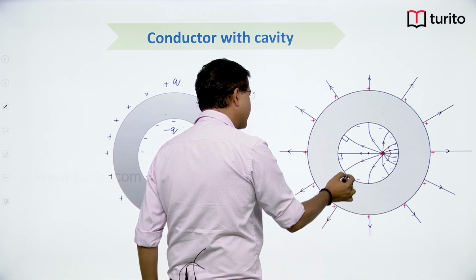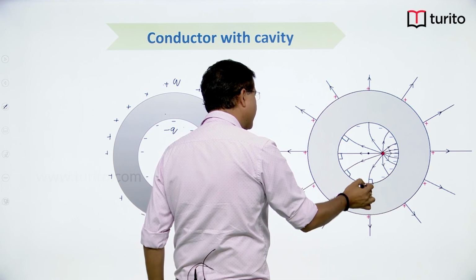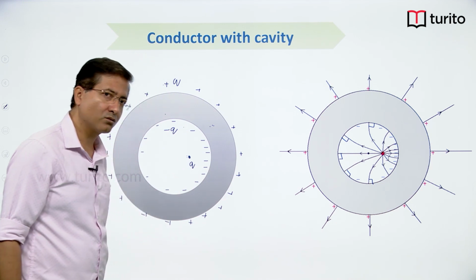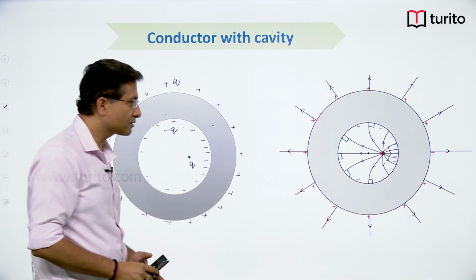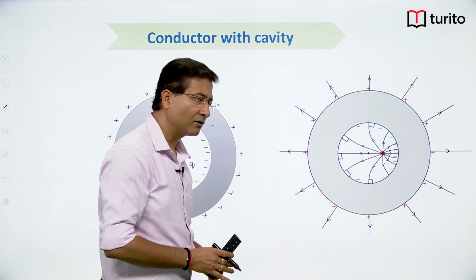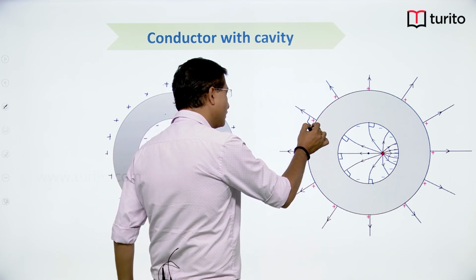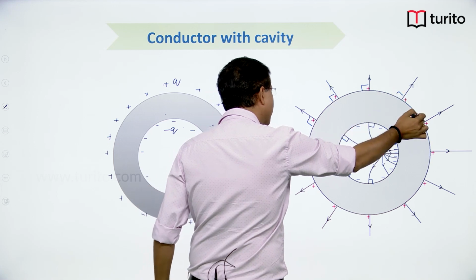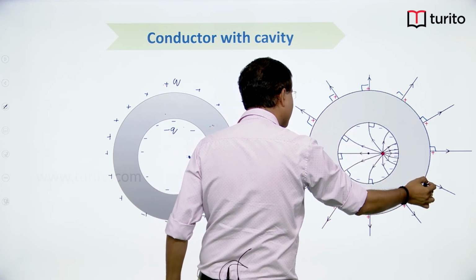So here it will be 90°, here 90°, here 90°. Field lines just outside the surface will be perpendicular to the surface. Here also they all are perpendicular, right.